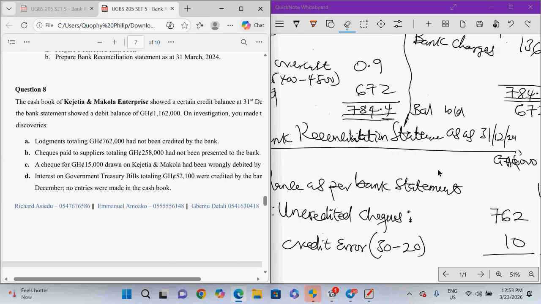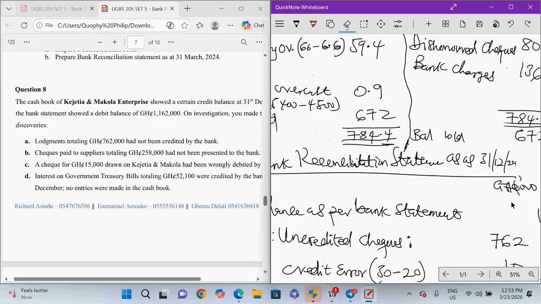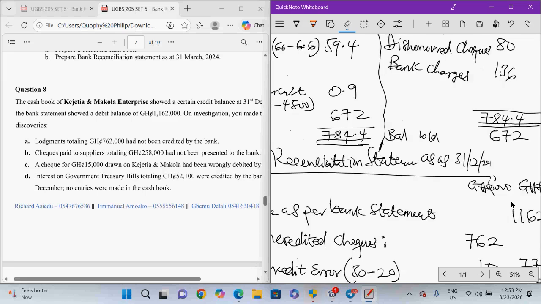If we use this figure, someone should try this bank reconciliation statement. What is the balance as per the adjusted cash book? 672. Someone should start with this.